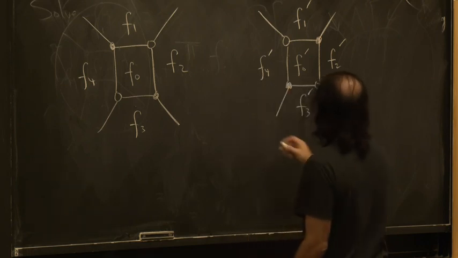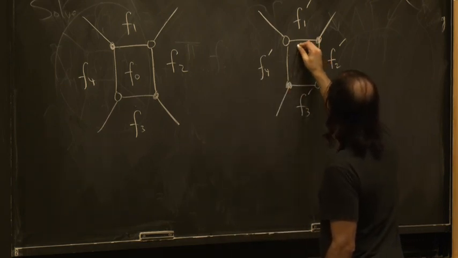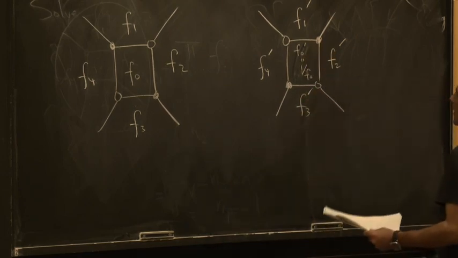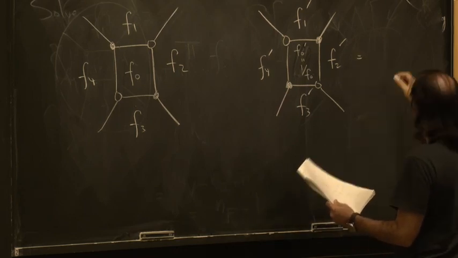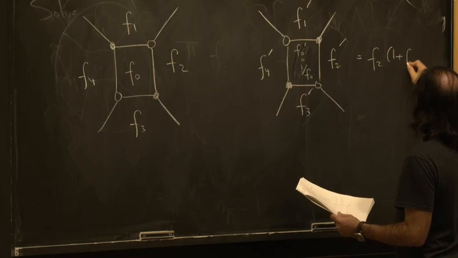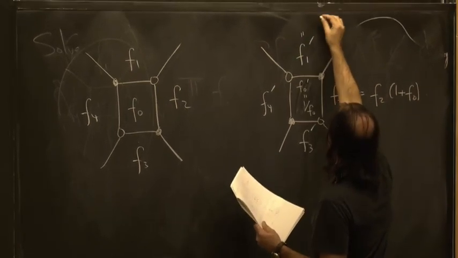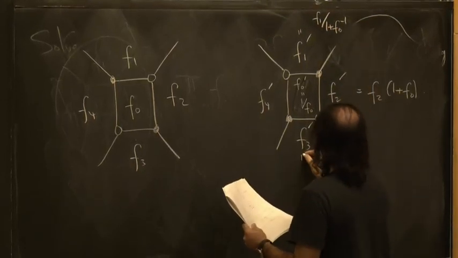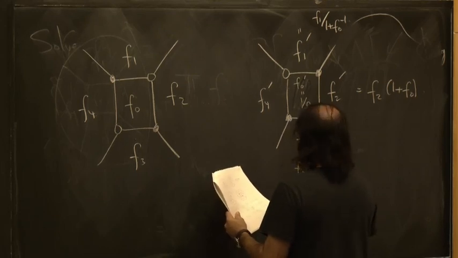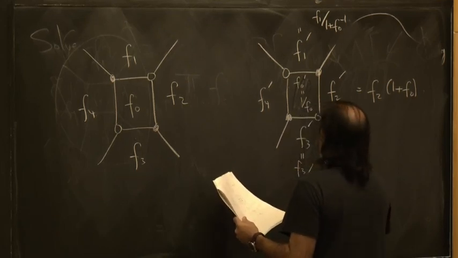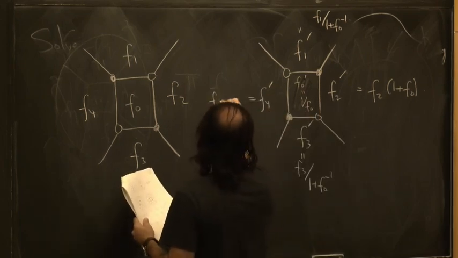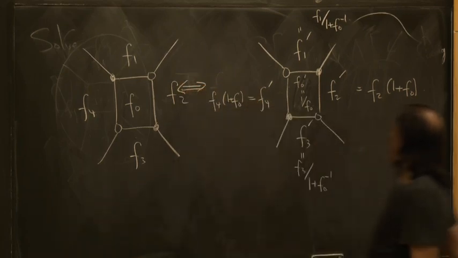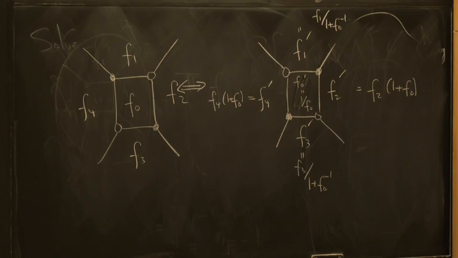F naught prime is equal to 1 over F naught. F2 prime is equal to F2 times 1 plus F naught. F1 prime is equal to F1 over 1 plus F naught inverse. F3 prime is F3 over 1 plus F naught inverse. And F4 prime is equal to F4 times 1 plus F naught. So you see, this is a more exciting, more non-trivial change.